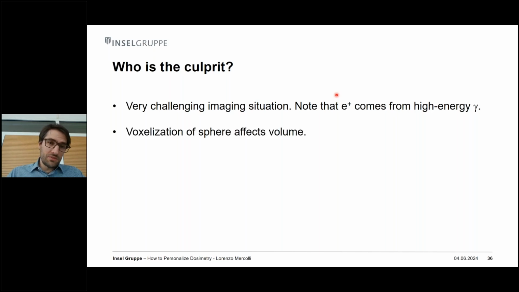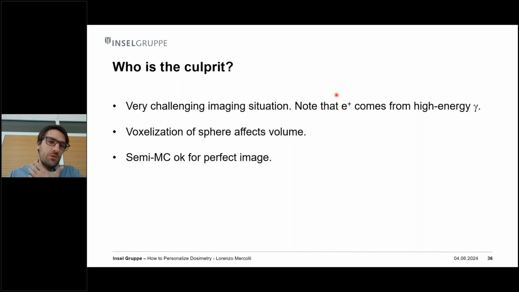Then for the small spheres, we start having voxelization effects. If you have a sphere with 1 centimeter diameter, you have a voxel size of 1.6 millimeters. There is some voxelization effect, which, especially for the dose, since it is so dependent on the volume, will affect our dose estimate quite a bit.